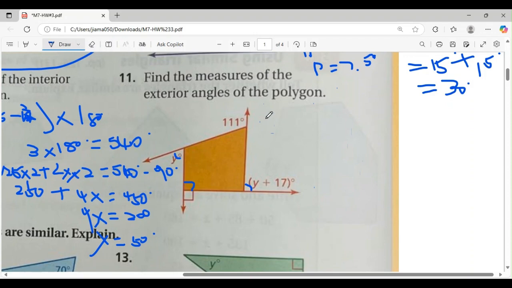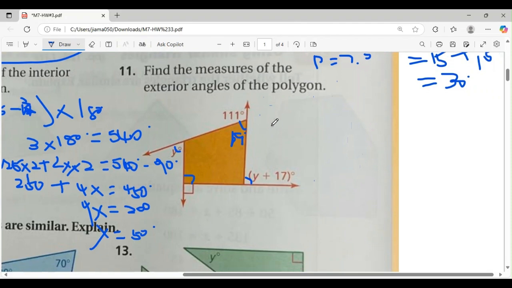Okay, the measures of the interior angles of the polygon are this angle and this angle. We know that this angle is 90 degrees, and this one is 180 degrees minus 111 degrees, which is 69 degrees.